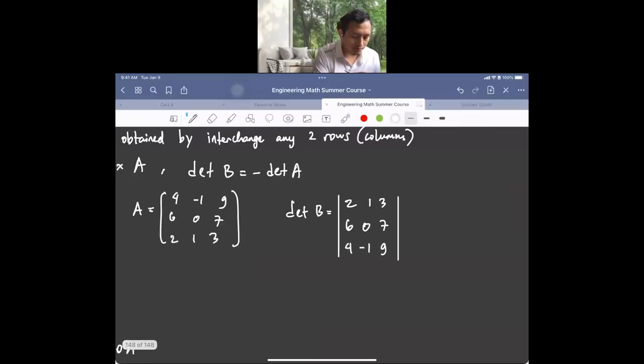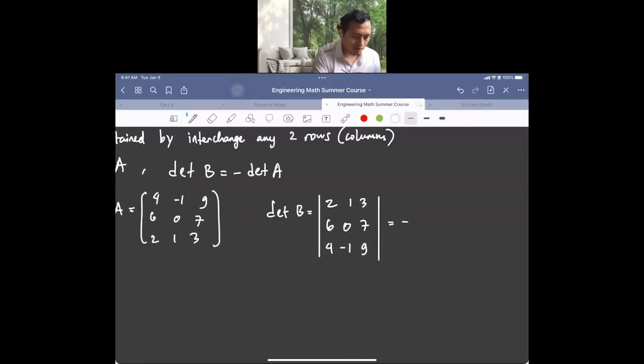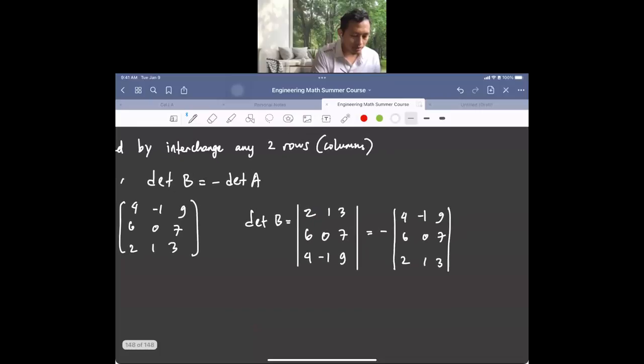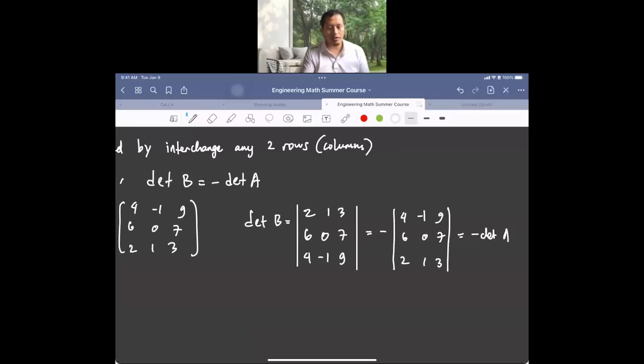So if we are having this, it means that this is the negative of our 4, 1, negative 1, 9, 6, 0, 7, and 2, 1, 3. And we call that this is the negative determinant of A. So when we interchange rows, we are getting the negative of that determinant.